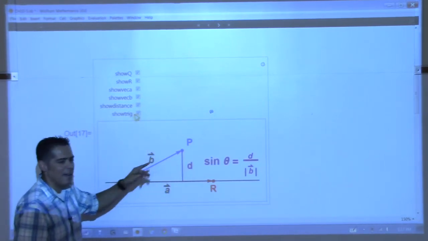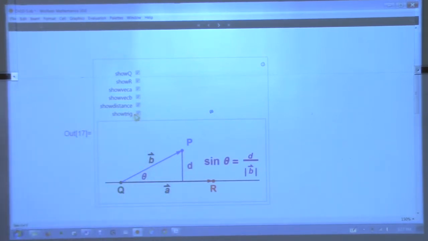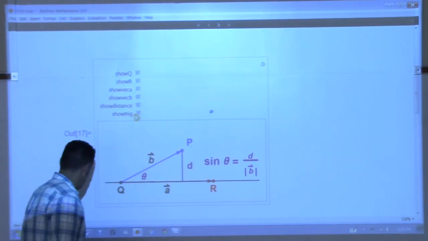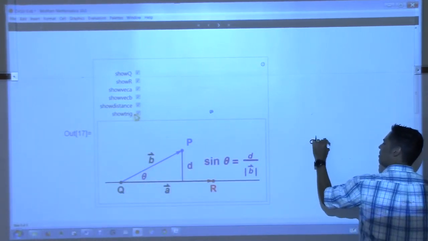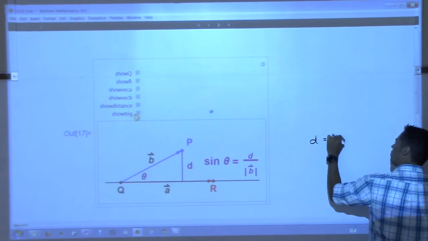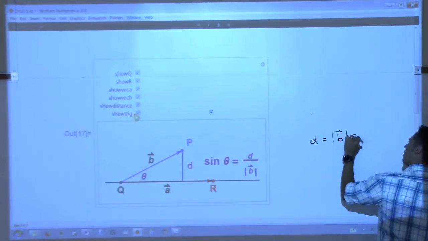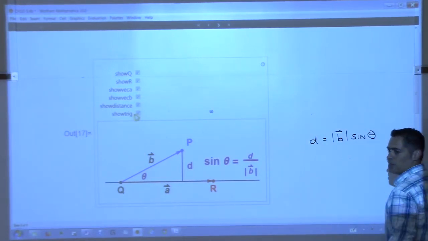I had a feeling that's what you were saying. So that's what it would be, and then we could solve for D. So D would be the magnitude of B times sine of the angle between the two vectors, right?